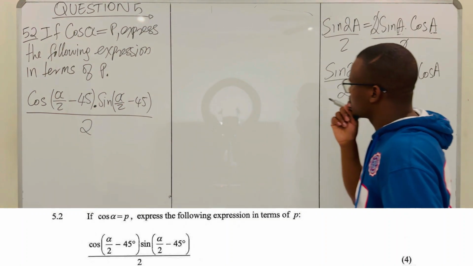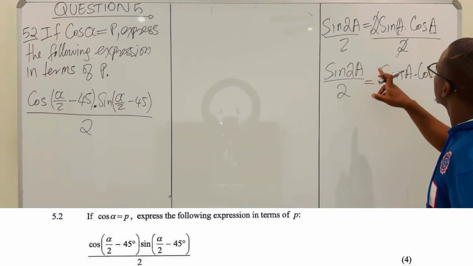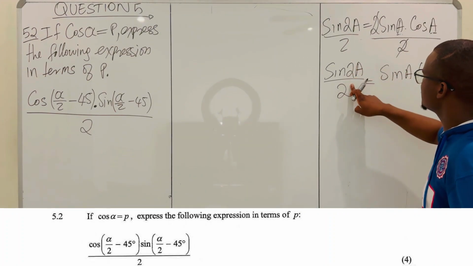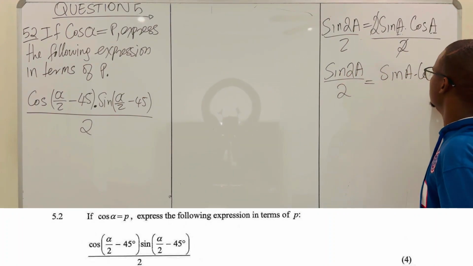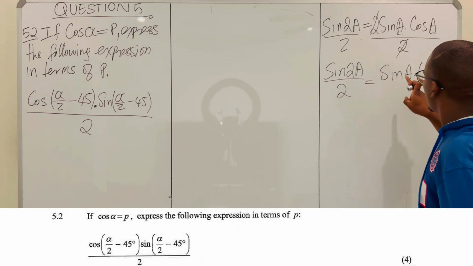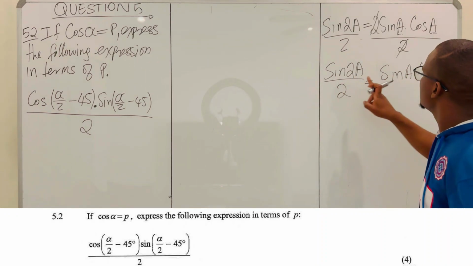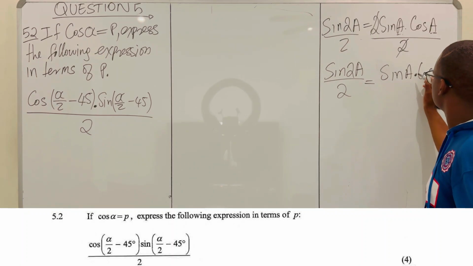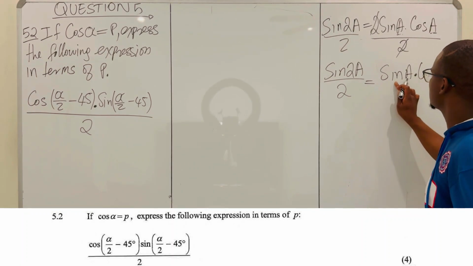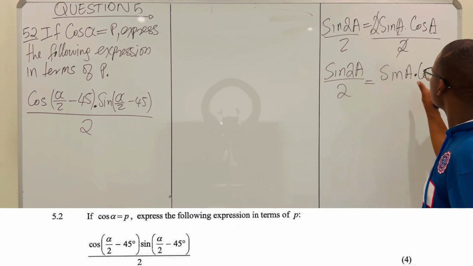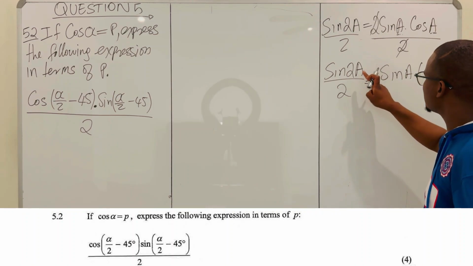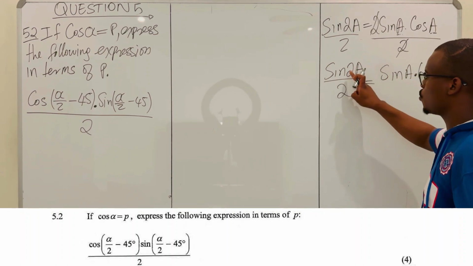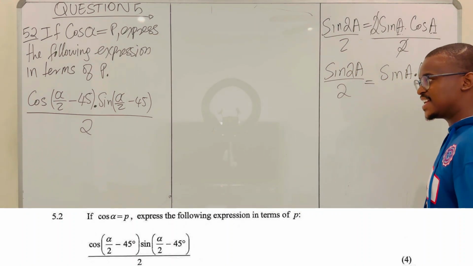This is equal to sine 2 times those angles. So instead of having this, we can try to write these two this way.